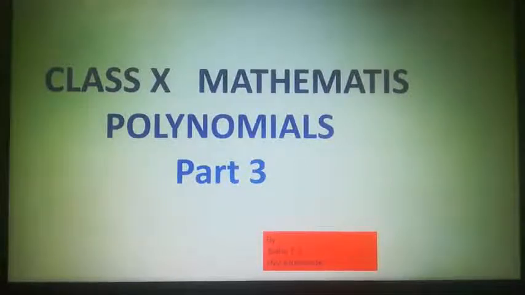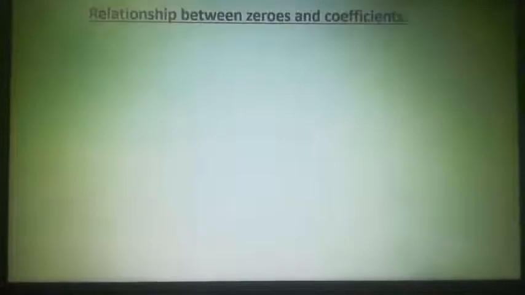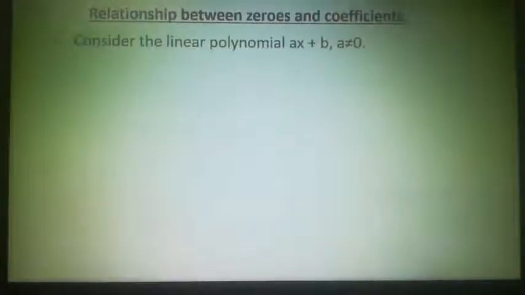Okay, now further we proceed to the relationship between zeros and coefficients. The different terminology, zeros, coefficients, you know it. Now we will examine different types of polynomials based on this. First we consider the linear polynomial.